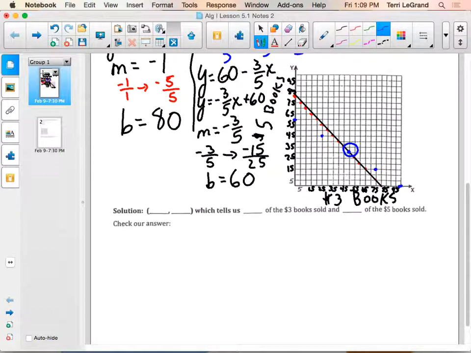Okay, and again, make enough points that it doesn't hurt to go all the way from one axis to the other and get a good graph.